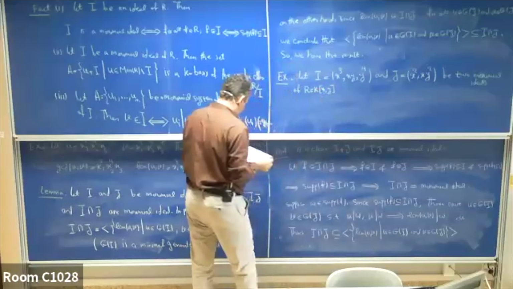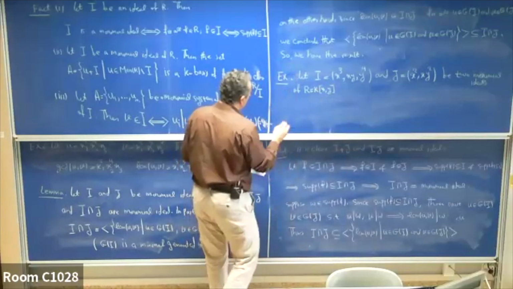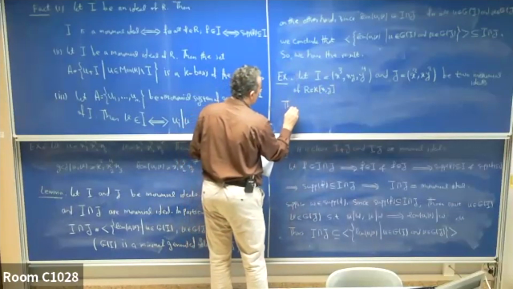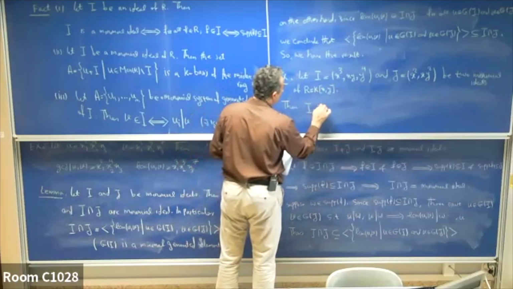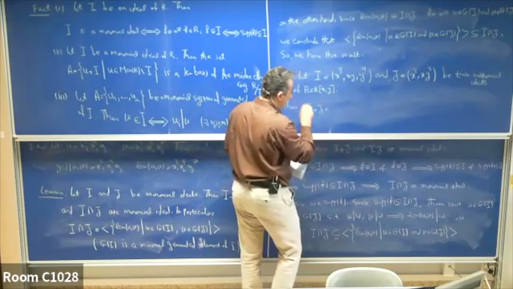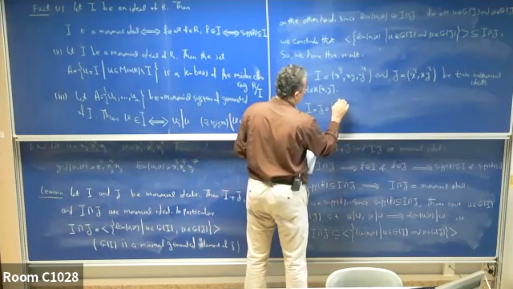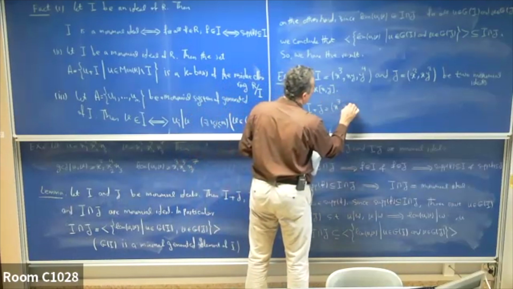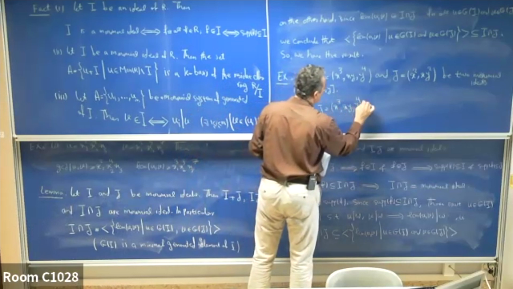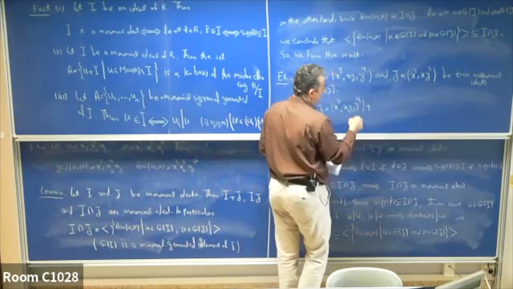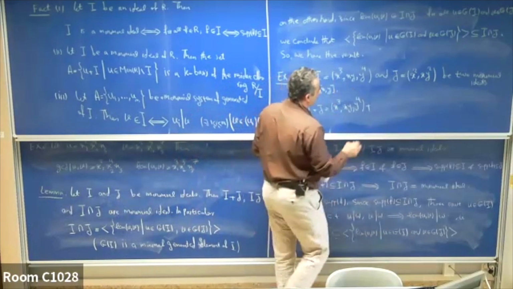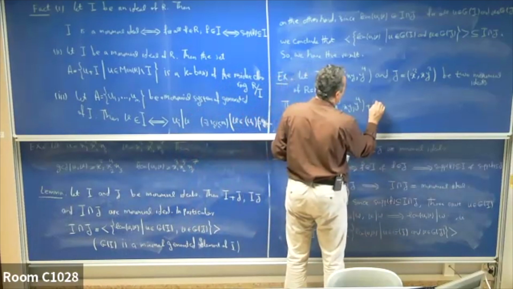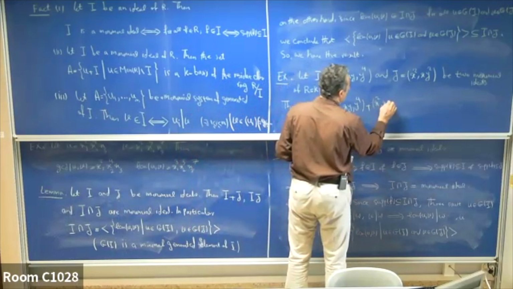Yes. So then I plus J is equal to x^3, xy, and y^4, and J is this one, x^2, xy^2.